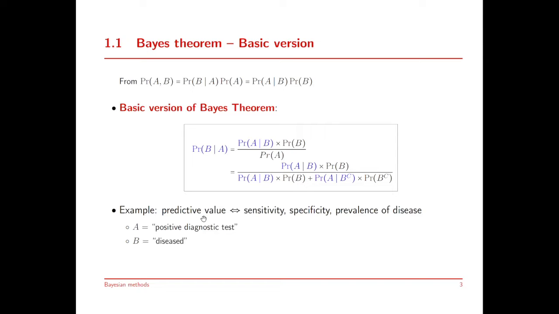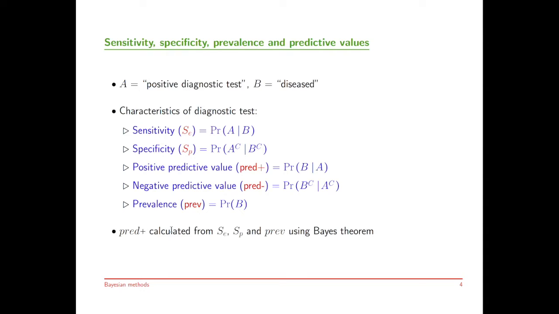A well-known example of Bayes' theorem is the expression of predictive value in terms of sensitivity, specificity and the prevalence of the disease, where A represents a positive diagnostic test, and B represents the event that one is diseased. So let us look at this expression.